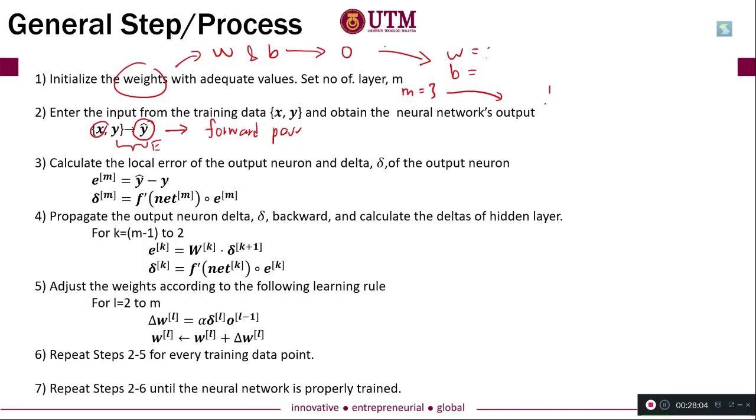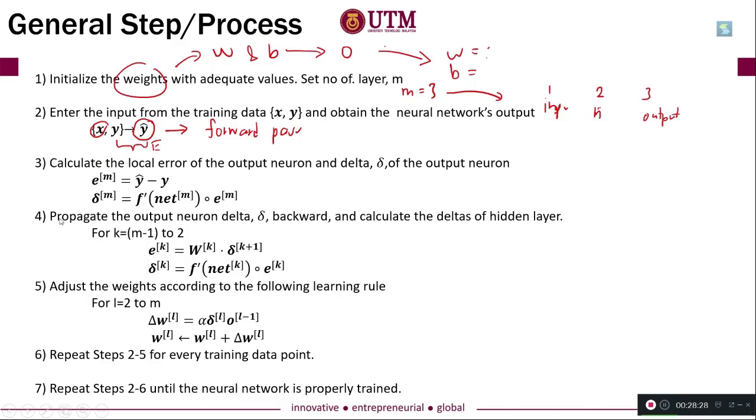Layer number 1 is the input layer, layer number 2 is the hidden layer, and layer number 3 is the output layer. So now M equals 3 here, here, here, and here. This is how you compute the delta at the output layer.